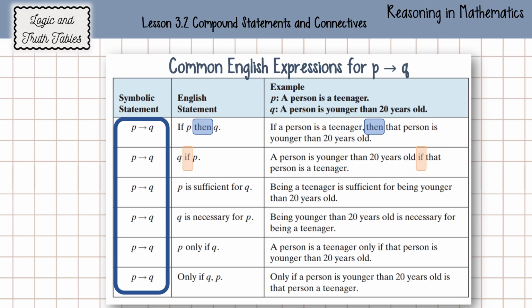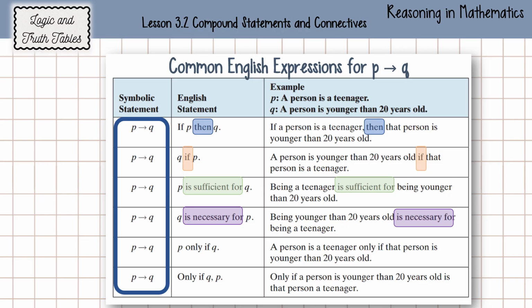Another way of writing that same implication is P is sufficient for Q. So being a teenager is sufficient for being younger than 20 years old. We could also use the phrase is necessary for. So Q is necessary for P. So being younger than 20 years old is necessary for being a teenager.